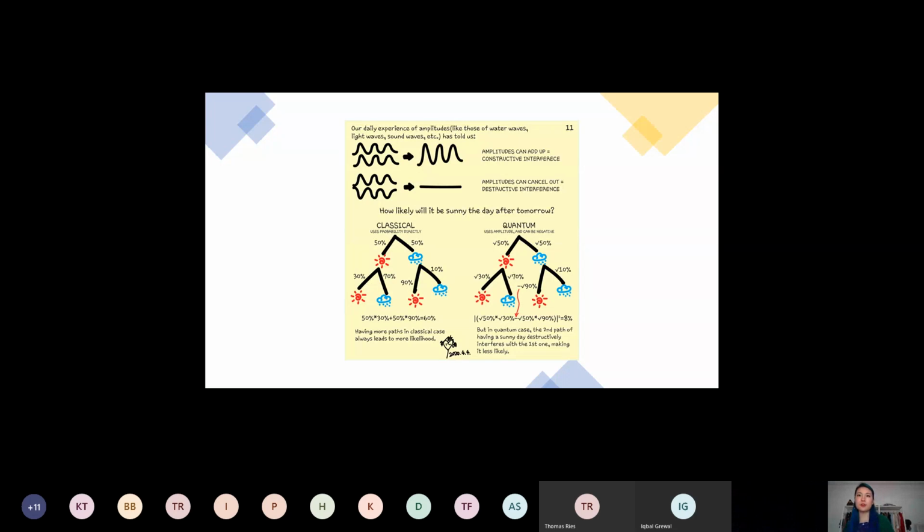So just for the sake of argument, we label one of the branches as negative. And what happens is that if you then multiply down the tree through amplitudes and get the ultimate probability, it turns out even having this extra branch of sunny weather can reduce the probability of having a sunny day in 2 days. Because of the math, you see the number comes out as only 8%.